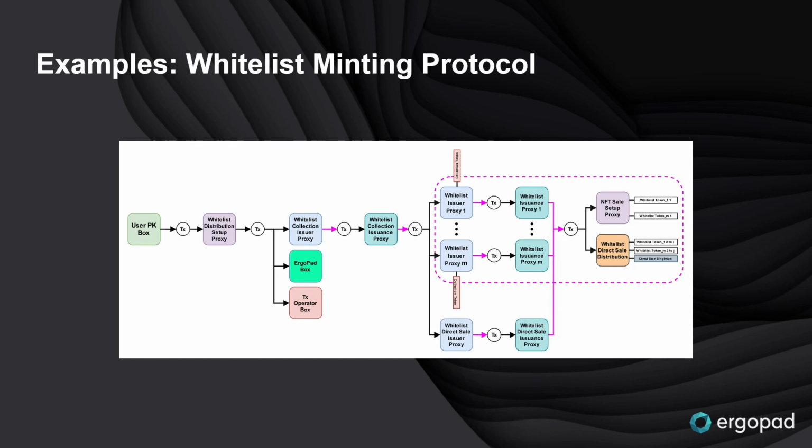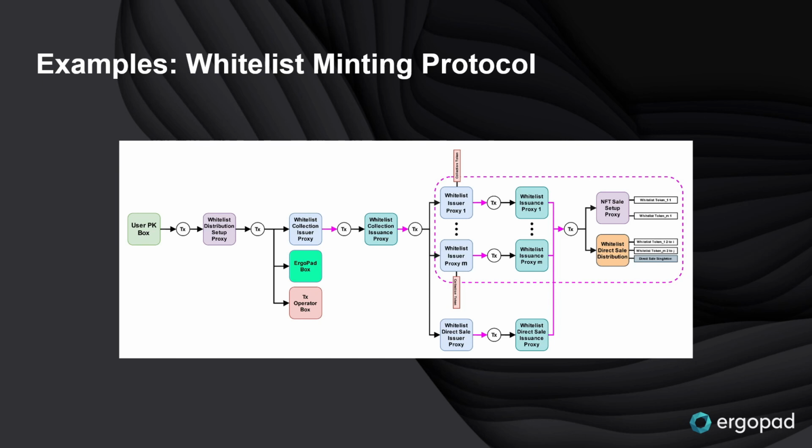And finally, we output the NFT sale setup proxy and a direct sale distribution box, which contains one of each of the whitelist tokens, as well as a direct sale singleton token that serves as an identifier, which represents the direct sale for this whitelist token.